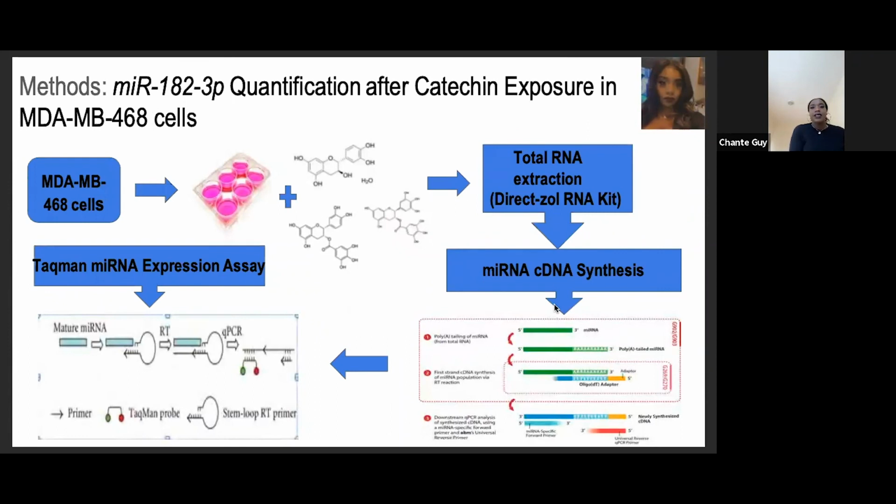So we predict that these catechins bind to microRNA, but we're not 100% sure if they bind. So what we want to do is confirm that it binds, and whether it's the binding of these catechins to this microRNA that affects how it modulates the levels of microRNA 182. And what nucleotides are important. So what nucleotides on the microRNA are these catechins binding to that affect the levels?